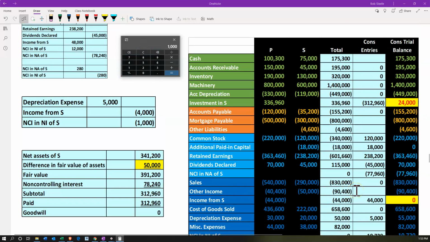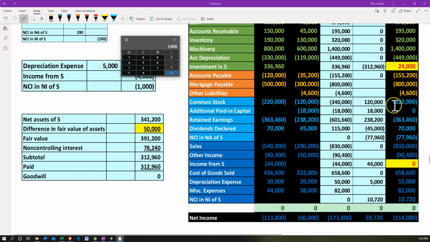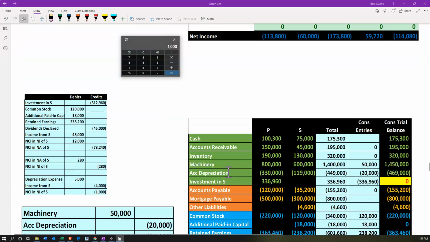So that's being reflected over here, depreciation being recorded, the income from S being adjusted. Now we've zeroed that out, that now being at 0, so that's good. This one still needs some adjustments to it, and then the non-controlling interest and the income statement having been adjusted for that transaction. Next one.